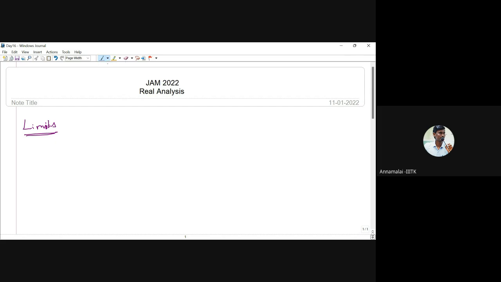Suppose we have an interval J, and then we have a point a in that interval. So let J, a subset of R, be an interval, and we take some point a in J. Now we define a function on J except possibly for that value a.